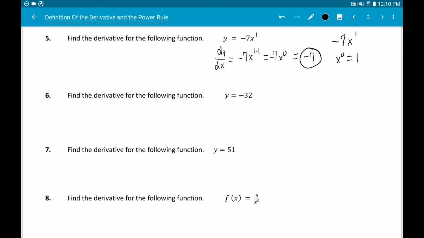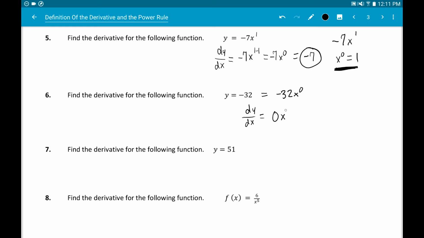All right, and number 6, we just have a number there. Y equals negative 32. The book shows this as a separate rule. I'm going to show you that it's actually just the power rule again. So just like we said right here, x to the 0 is 1. I could rewrite this as negative 32 x to the 0, and then try to take the derivative. Negative 32 times 0 is 0.